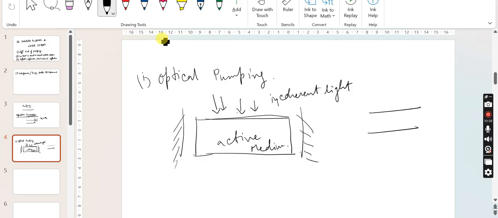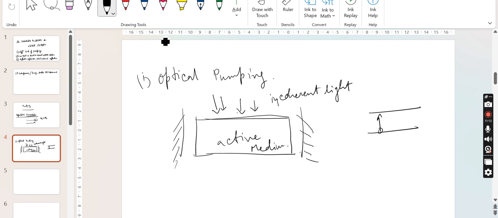Then the atoms will transition from the ground state to a higher energy state. But with a gas medium, the optical pumping is not that efficient. And why? Because we know that with a gas medium, most of the volume is free. So the photon can miss those atoms or ions in the active medium to give the lasing action.